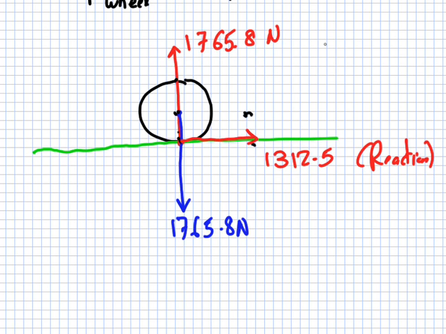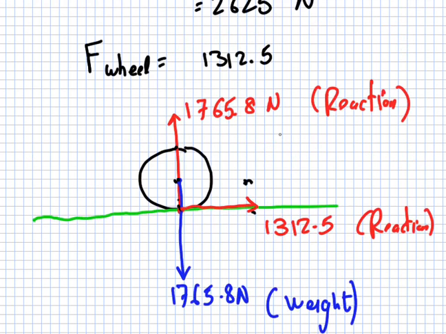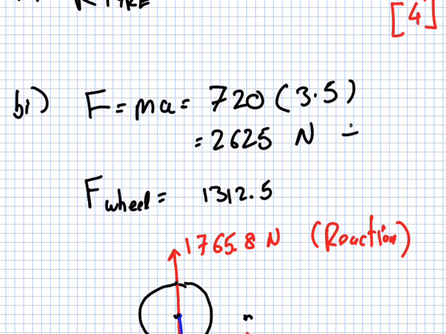It's a friction force though, and this here is a reaction force, and this one here is a weight. How to calculate the reaction? It was this number divided by 2.